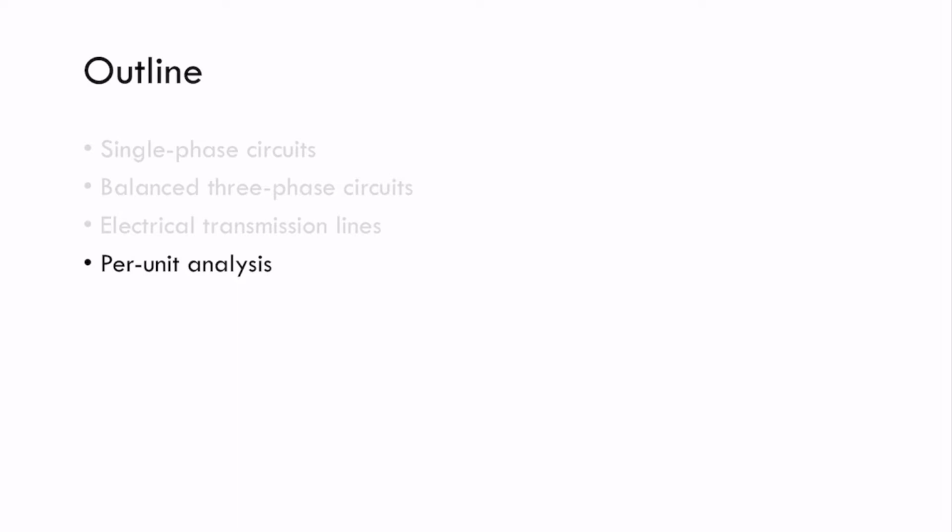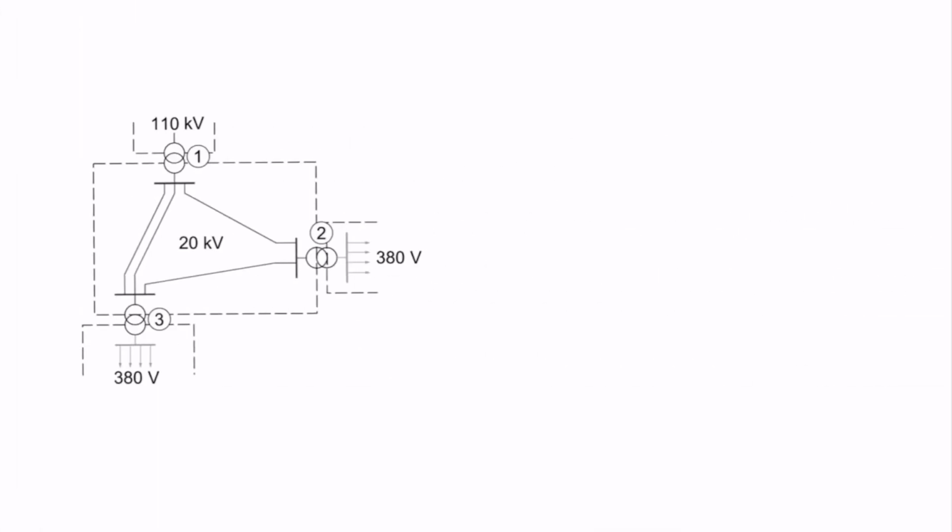Hello, we're going to start with the last part of Module 1, per unit analysis. Let's imagine that you have a system with the transformers that I mentioned before. You probably have some medium voltage here, then you use a transformer to step up from 110 kilovolts to 20 kilovolts.